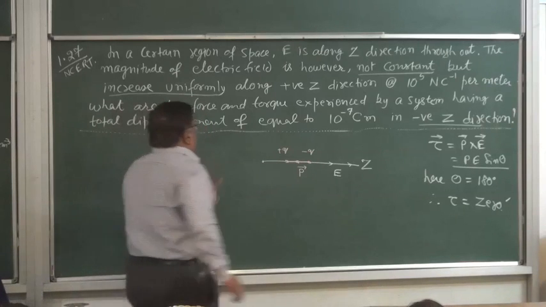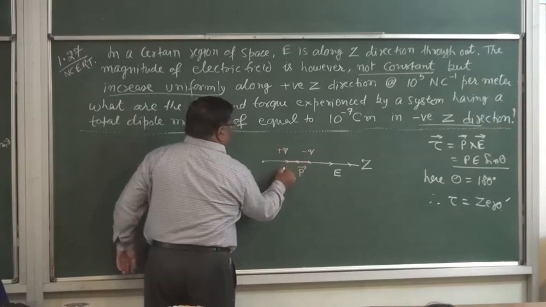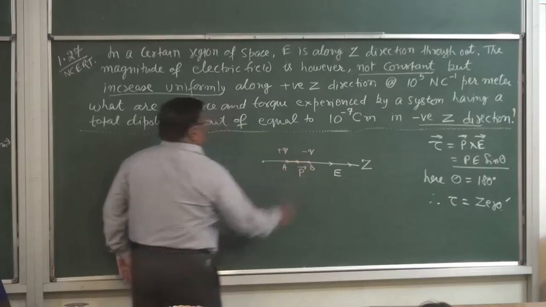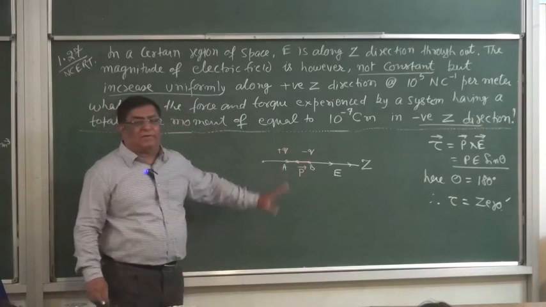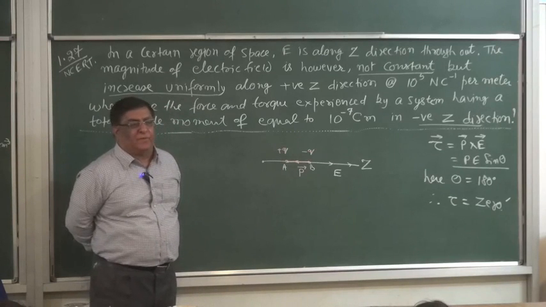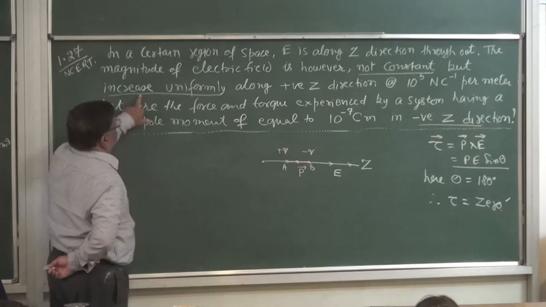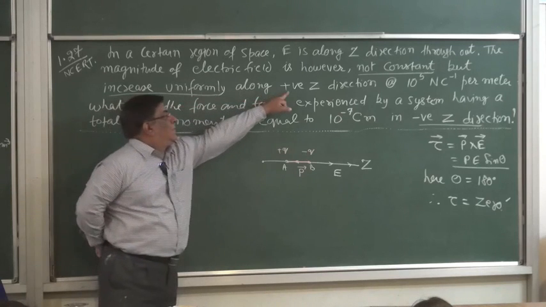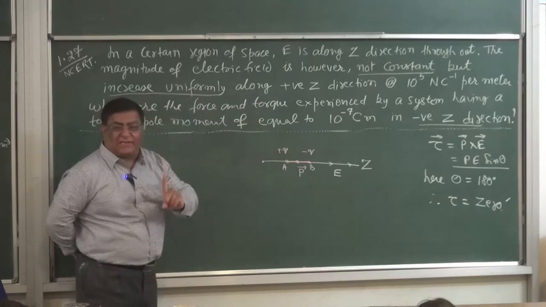ओके, इन 2 पॉइंट्स को मैं नाम देता हूं. This is A, this is B. मुझे ये बताइए कहाँ इलेक्ट्रिक फील्ड ज्यादा स्ट्रांग है, A पर कि B पर? किधर ज्यादा स्ट्रांग है?